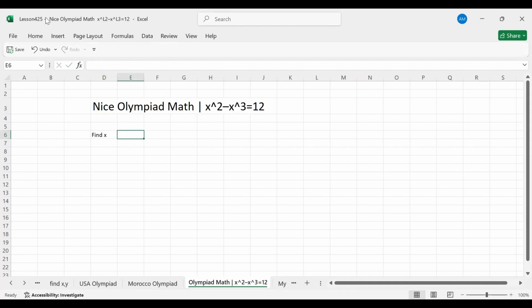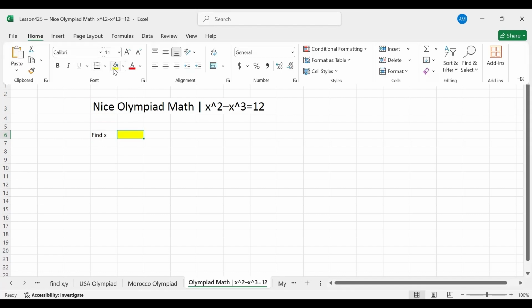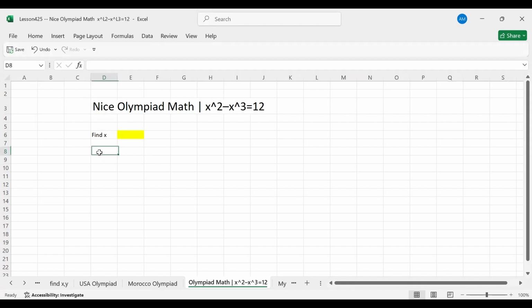So we reserve a place here for x. The x value will come here, and let's write this equation. The first part is x raised to power 2, x squared. How would you write it? We type equals, and this is our x, and raised to power is done by holding down shift and the 6 key.